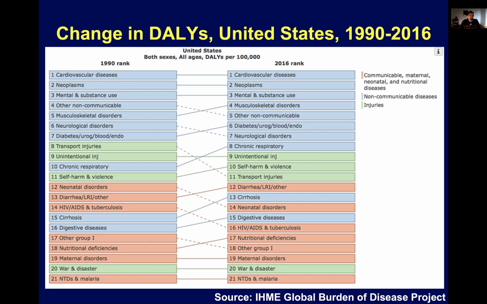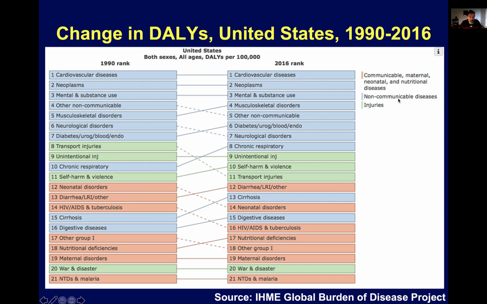You can think about looking at the burden of disease in terms of number of deaths as well as the death rate, or the deaths per 100,000. And this is a slide that is showing the disability adjusted life years, or DALYs, and ranking the causes of death for the US between 1990 and 2016, and you can see how things have changed or not changed so much.